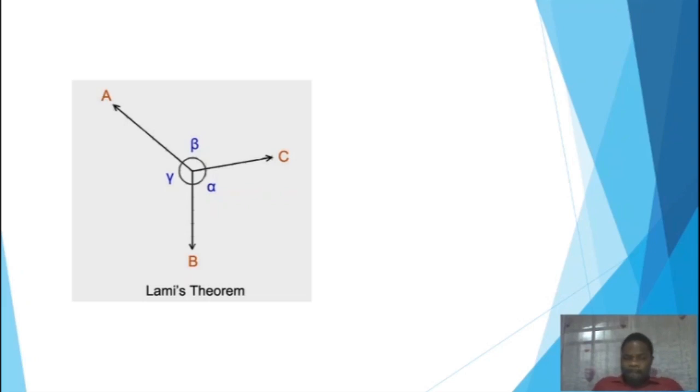You see that force A is directly proportional to the sine of angle alpha, the angle between forces B and C. Then force B is directly proportional to angle beta, which is between A and C, while force C is directly proportional to angle gamma, which is between A and B. Now, with the knowledge of vectors and the triangle of vectors, we can represent these three forces in a triangle.